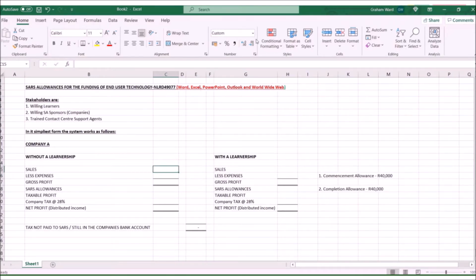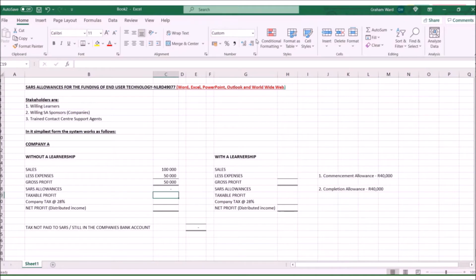Let's assume a company has sales of 100,000 Rand. They've got expenses of 50,000 Rand in a very simplified format. Therefore, their gross profit would be the 100,000 minus the 50,000. In this particular example, without a SARS allowance, they would have no deductions being made.